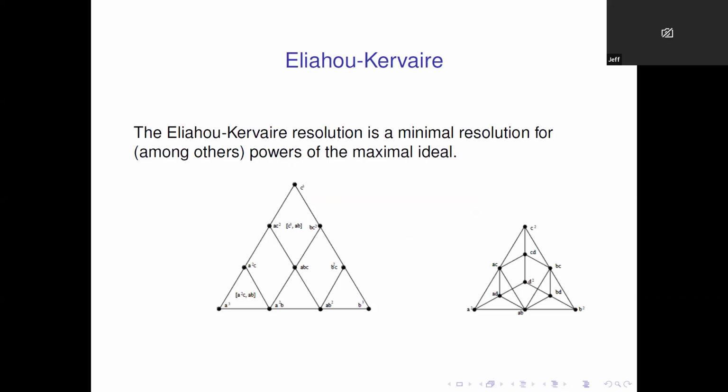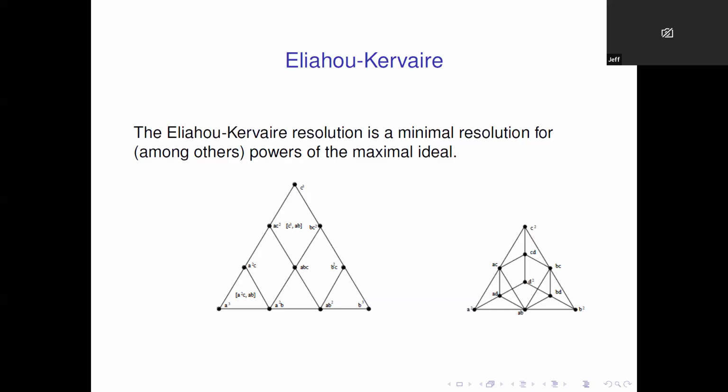The best known resolution in this situation is the Eliahou-Kervaire resolution. It resolves a large class of ideals, which includes powers of the maximal ideal. And I'm not going to talk about it in any depth except to point out that it's here. It is a cellular resolution.